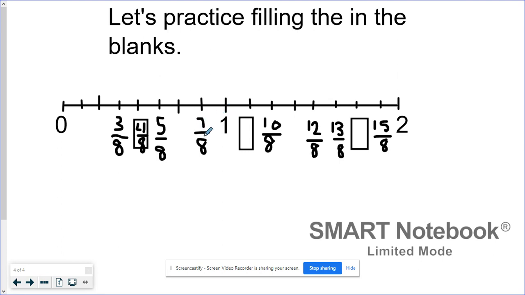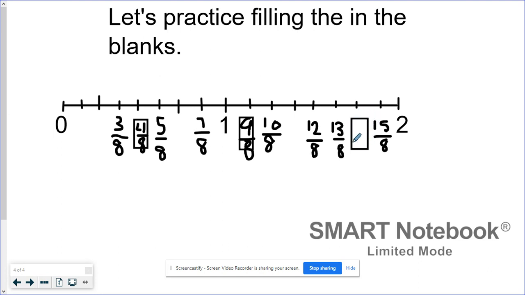When I go to the next one, I see another blank. I see that this is 10/8. So what would go right to the left of 10/8? That's right, 9/8. Good job, guys. And then I have one right here, 13/8, blank, 15/8.